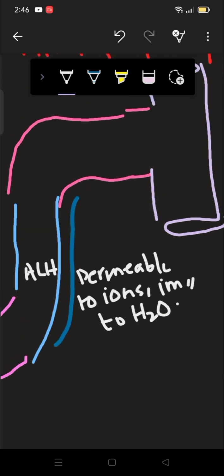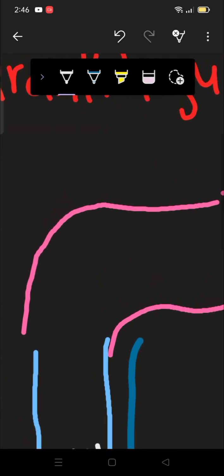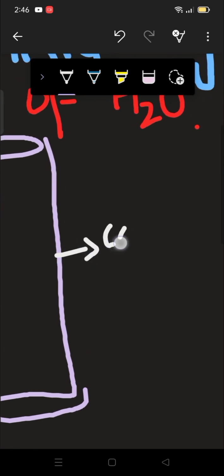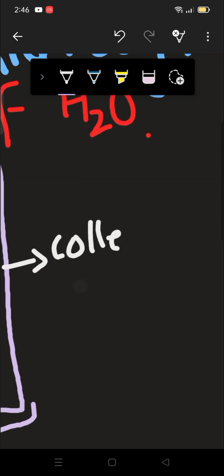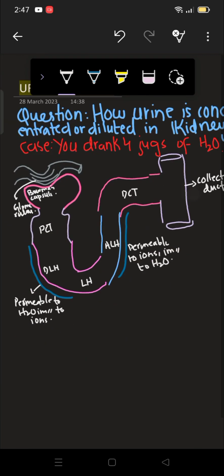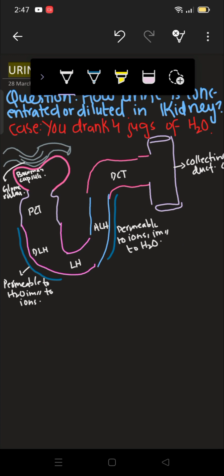Alright, this would be impermeable to the water. Here we have DCT, and here ultimately we have the collecting duct. Alright, I have labeled this structure as well.